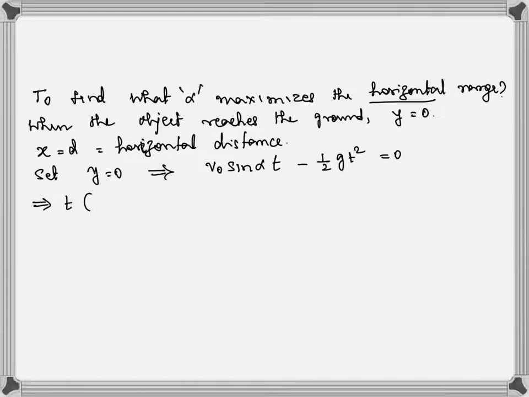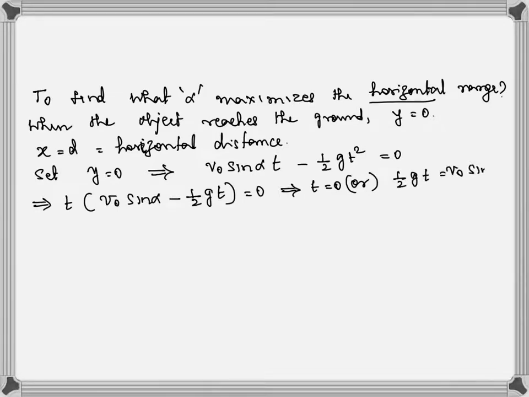Factoring out the t, we get t times V0 sine alpha minus half g t equal to 0. So one t value is 0. The second t value can be obtained by solving the expression inside the parentheses. If we solve for t from here, it's V0 sine alpha times 2 divided by g.